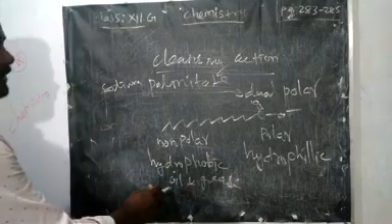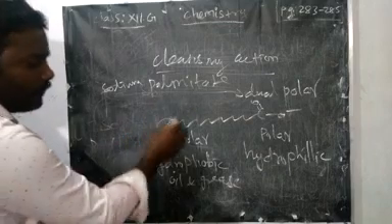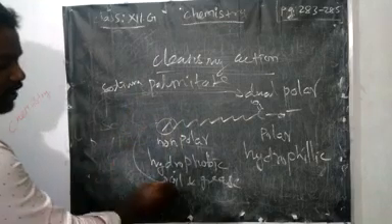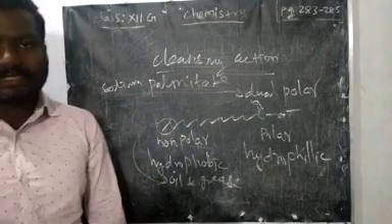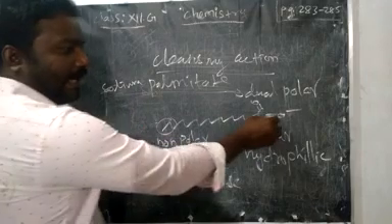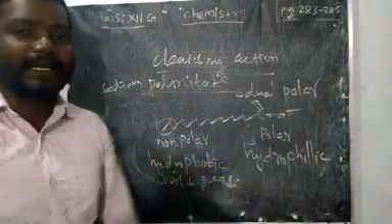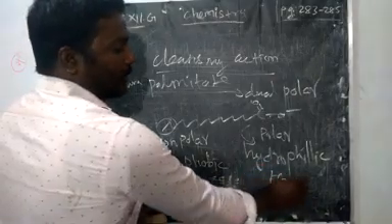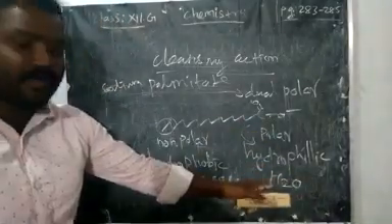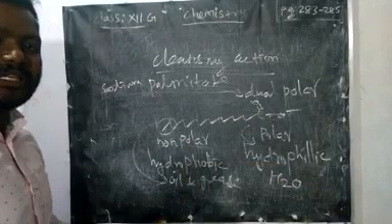For that, this group will dissolve in the oil or grease, but the other negative end of the soap is highly soluble in water. One end reacts with water, another end reacts with the oil.